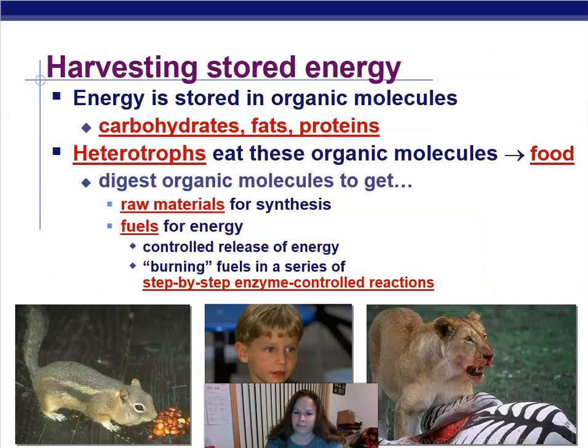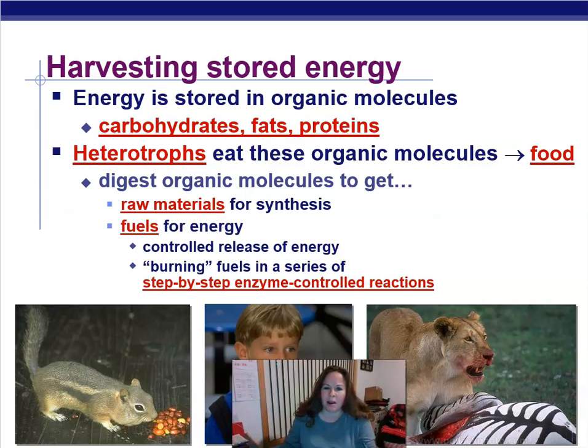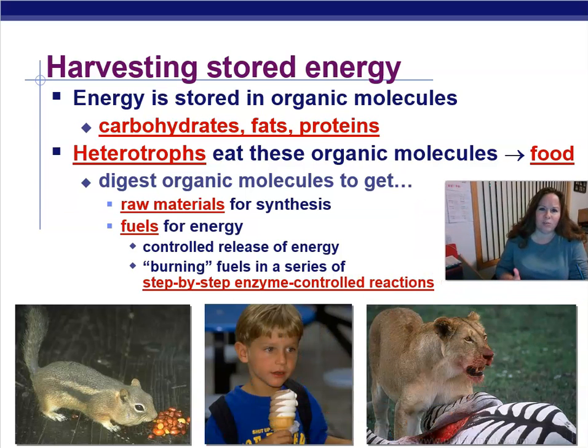So our first part today, we're going to look at harvesting energy. I like to call it harvesting energy before we actually get into the full-blown process of making ATP down in the mitochondria. Let's look at how we harvest energy first of all, how we basically get ready to make ATP.